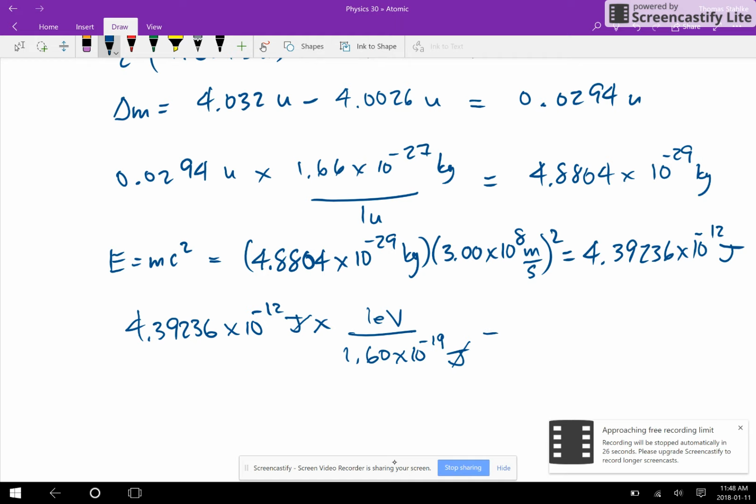Joules cancel, and we get 6.86 times 10 to the 6 electron volts, or 6.86 mega electron volts. And there's our energy equivalence.